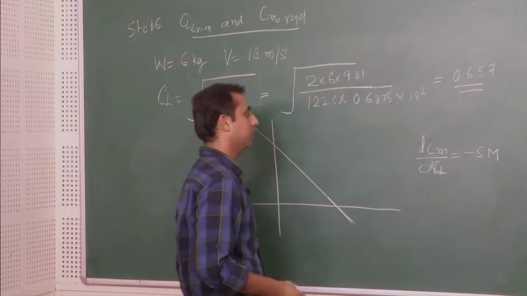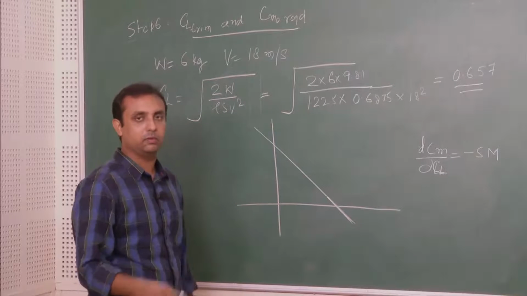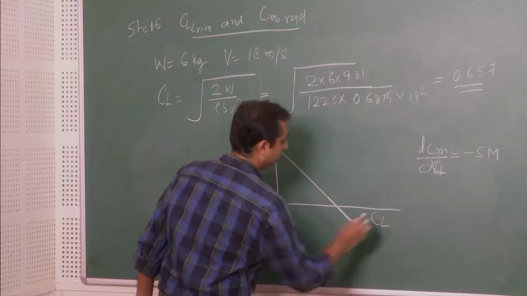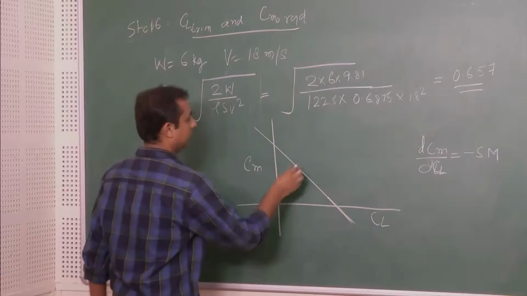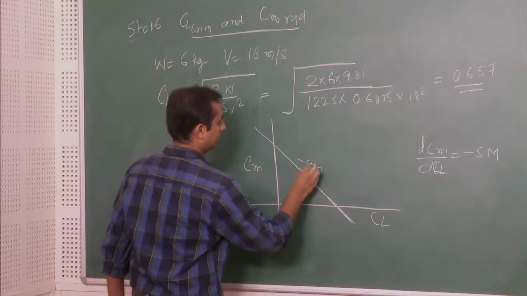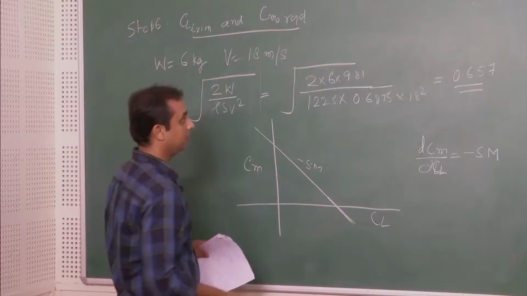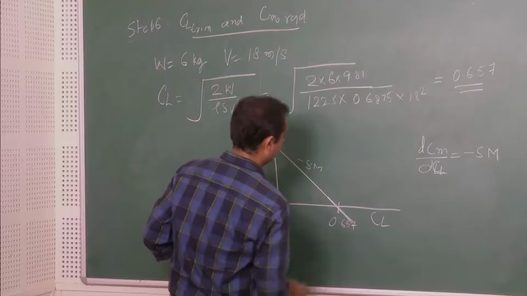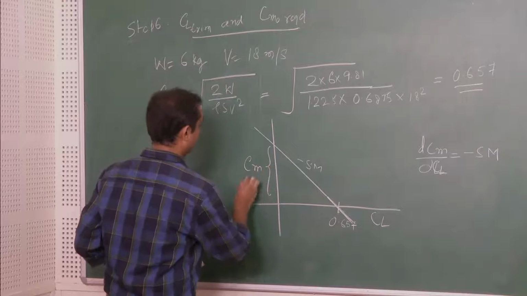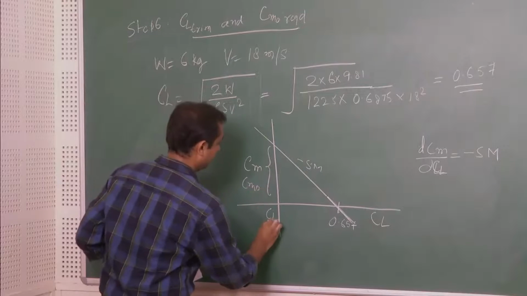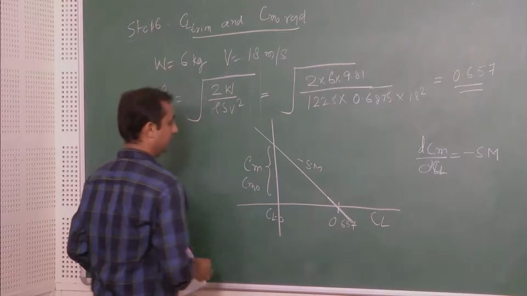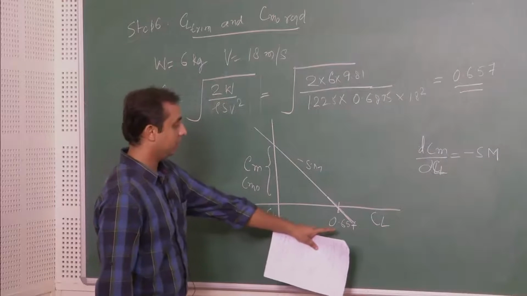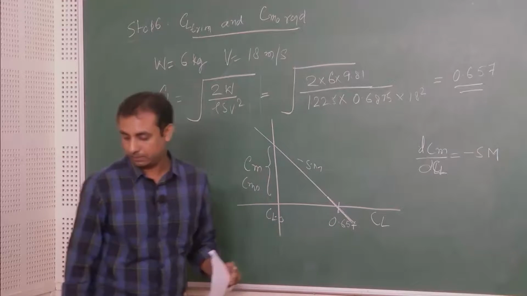We know that from the previous lectures. So if we plot the Cm versus Cl graph, this is minus static margin, and in order to operate at point 0.657, what will be the value of Cm naught? This is at Cl equals 0. I have to calculate what the value of Cm naught will be in order to trim my aircraft at 0.657.